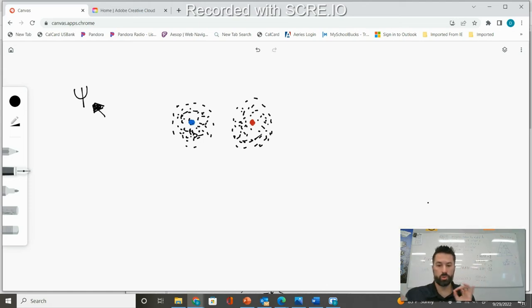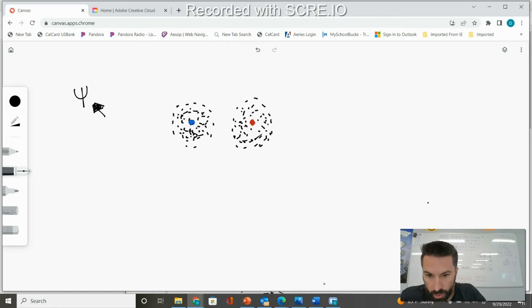Those two atoms right now have no interactions. Yes, these electrons will repel each other a little bit, and yes, this electron may be attracted to this nucleus a little bit. But bonding occurs when these interactions cause the electron clouds to overlap.